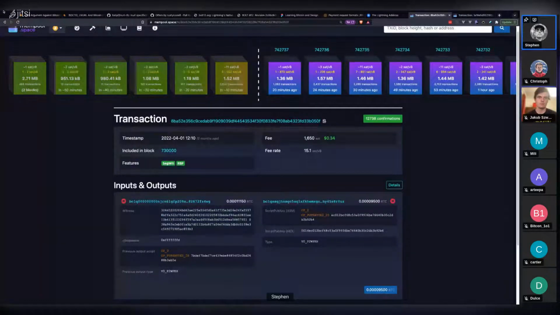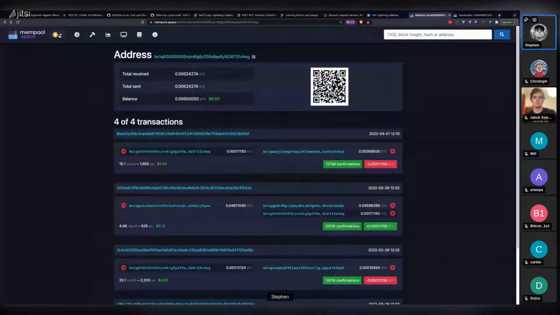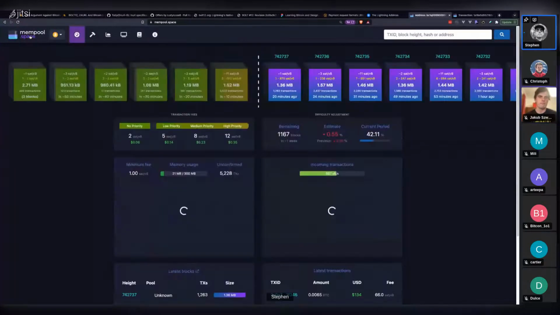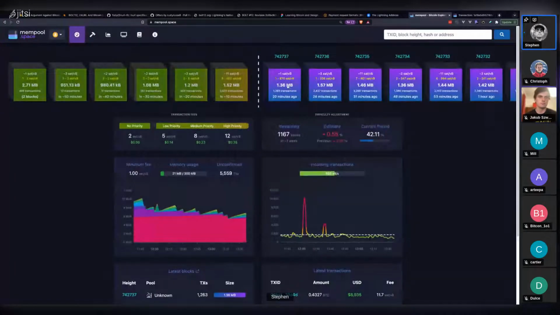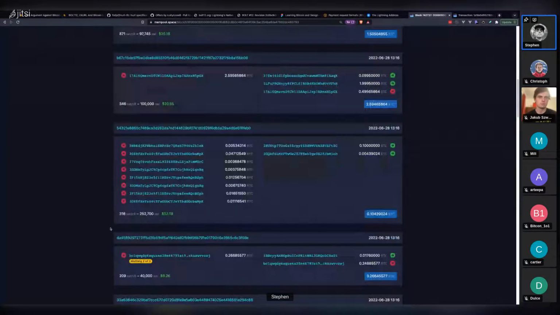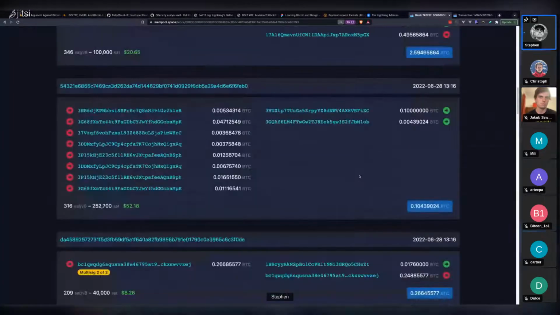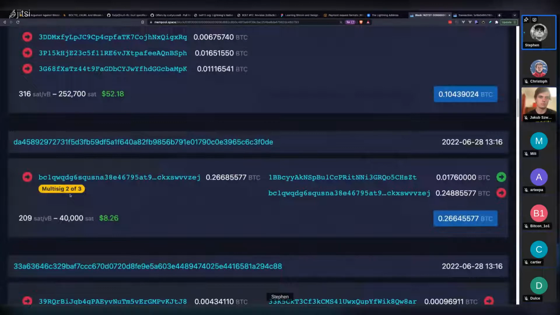So let me go back real quick to the home page, and pull up the most recent block, and scroll through and see what's in this block here. Okay, here's a really good example. As I'm scrolling through, here is an address that says multi-sig 2 of 3.